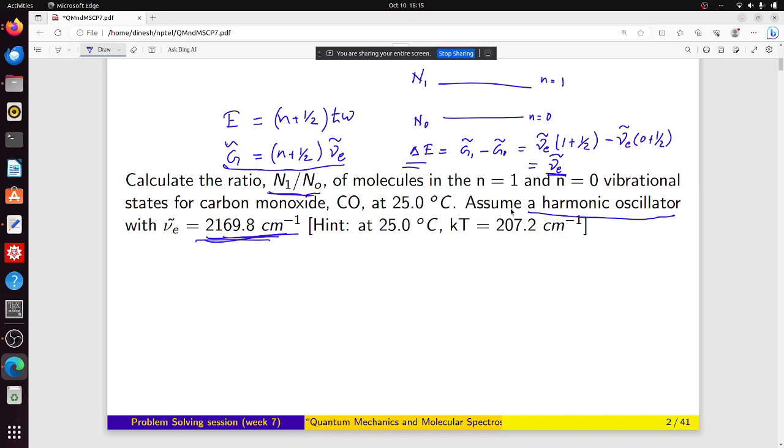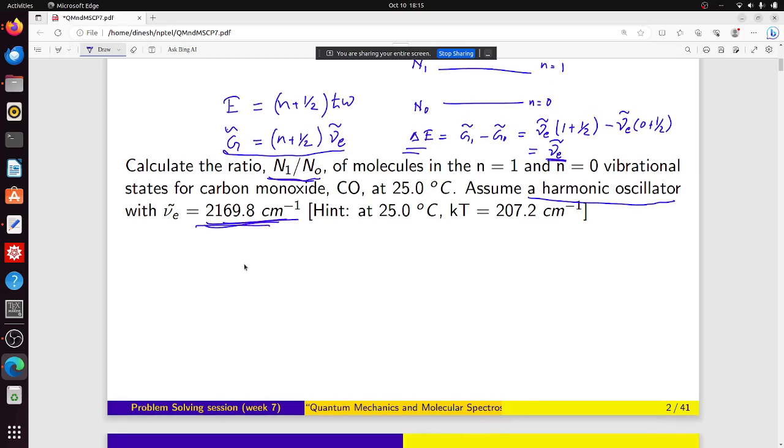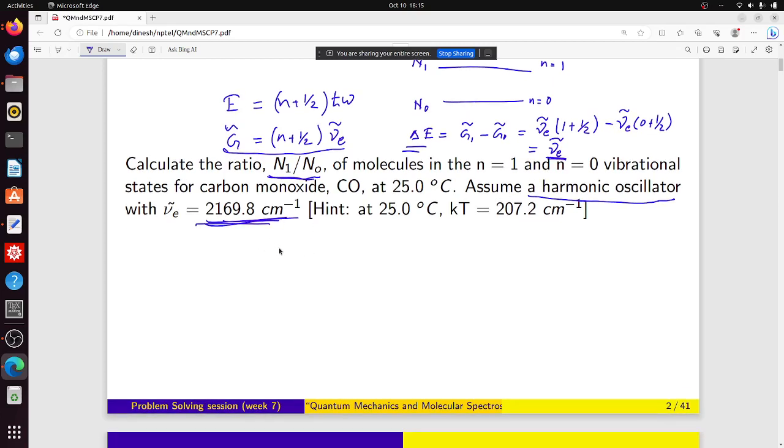Now, we know from Boltzmann population distribution, this n1 over n0 will be equal to e to the power minus delta E over kT, right?